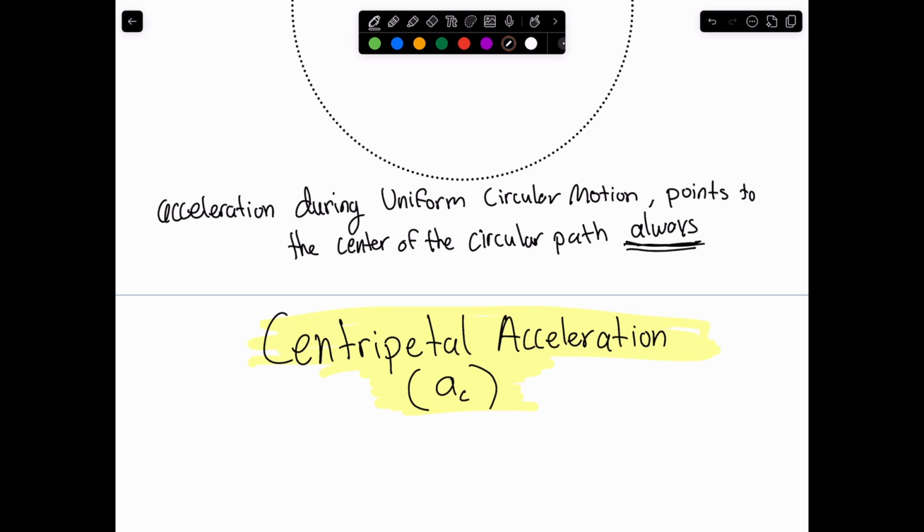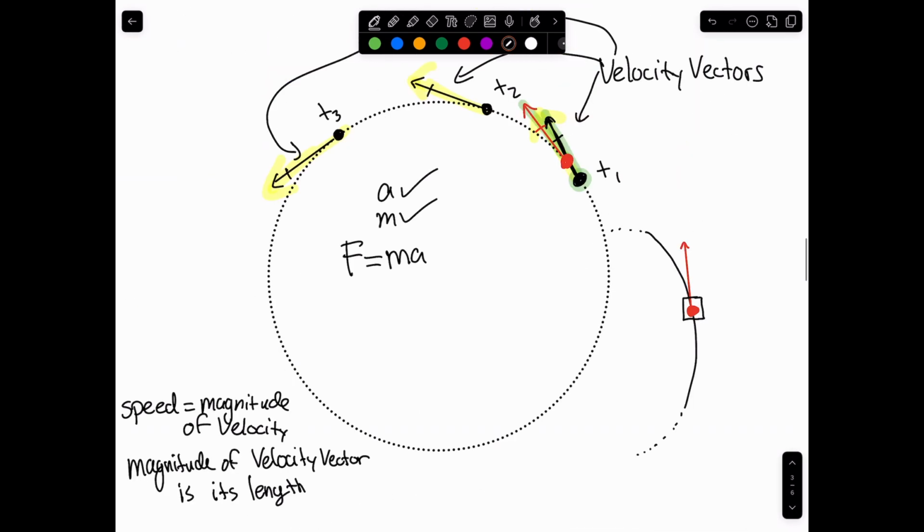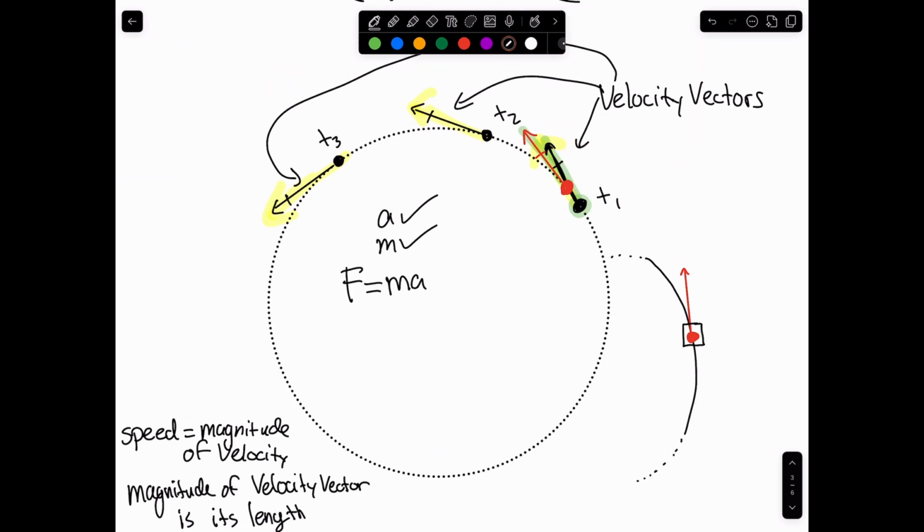So let's go back to our very first diagram about this object here. So you'll notice some very interesting things. Like I said, centripetal acceleration is always going to point towards the middle, so I'm going to take the liberty of drawing some centripetal acceleration vectors for each of these times t1, t2, t3.